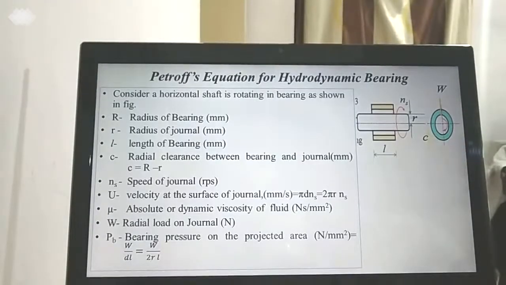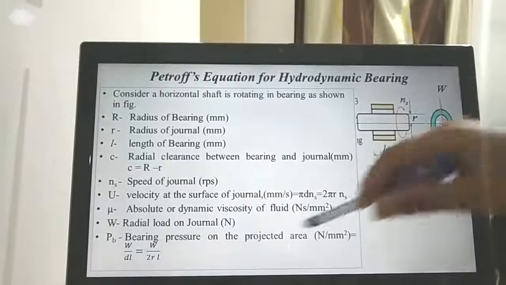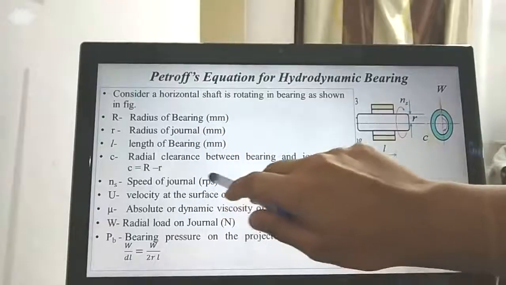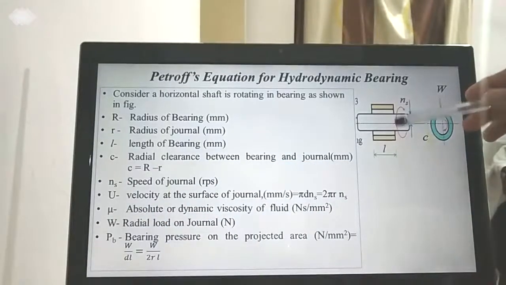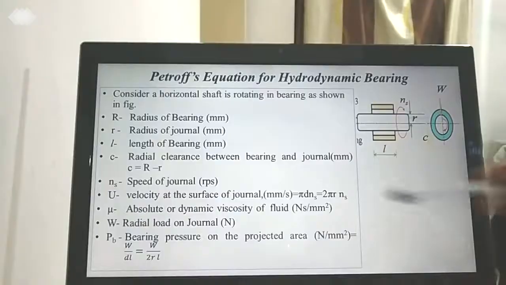Then ns is the speed of journal. As you can see, it is in rps, that is revolutions per second. Then u is the velocity at surface of journal, and it is in mm per second because the speed is in rps.